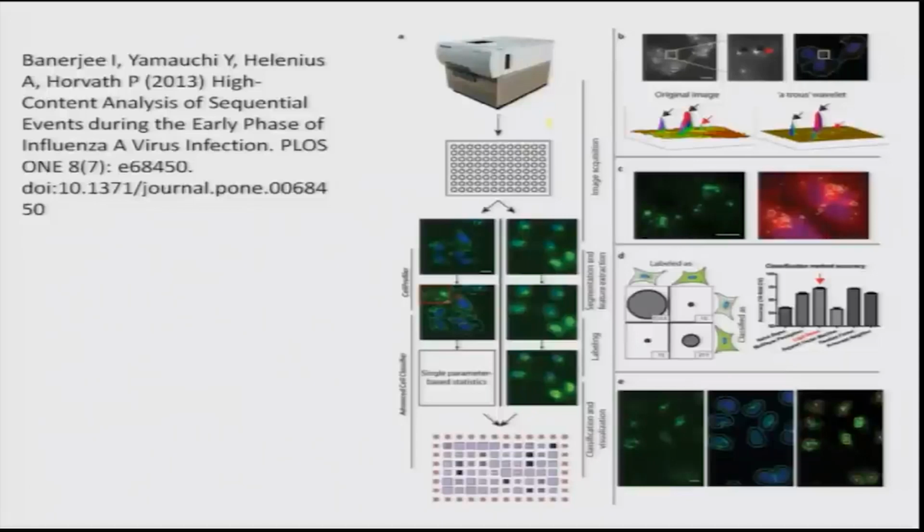Again, just to show a flow chart, you have a system wherein you have a large number of multi-well plates, you have seeded the cells, you have seeded the virus, you have ways to image certain events there, and then the computer scores these images and tells you whether the infection is proper, whether the virus is able to replicate and make more particles or not.